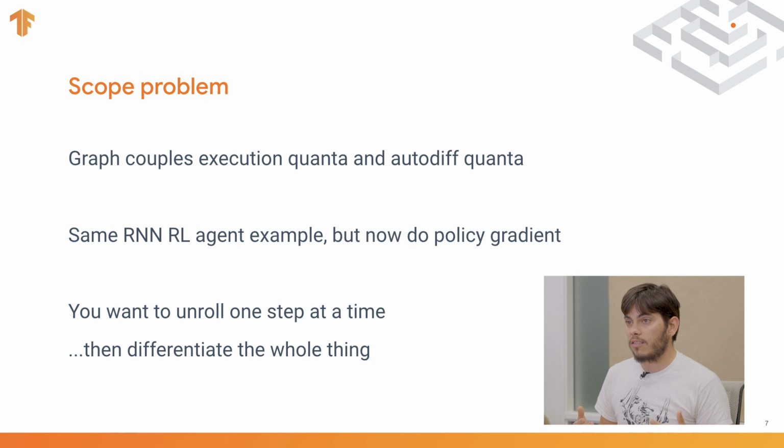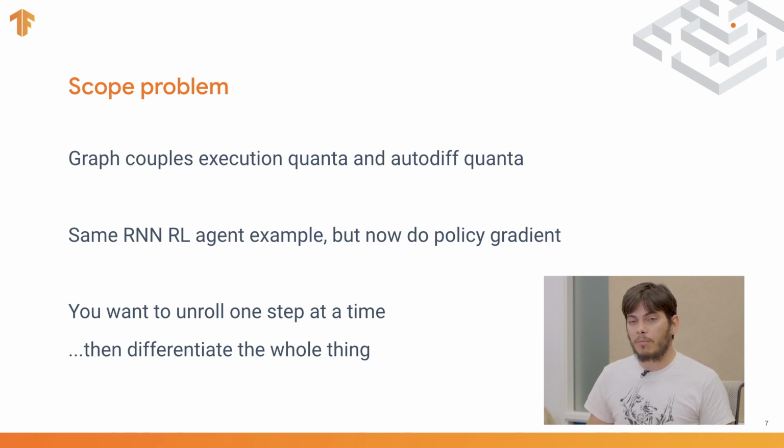So if you stick to this reinforcement learning agent example, a popular thing that people used to do, before we had substantially better deep reinforcement learning algorithms, is policy gradient. And the simplest policy gradient is called REINFORCE. What it amounts to is you run your agent for n time steps. You get a probability for the agent to take the actions that it actually took.